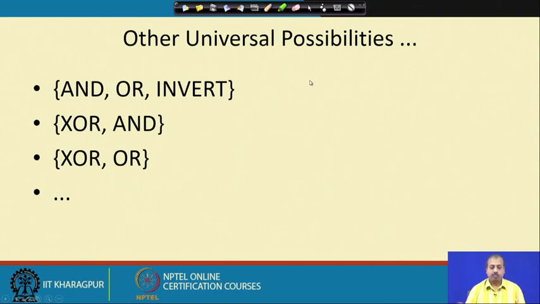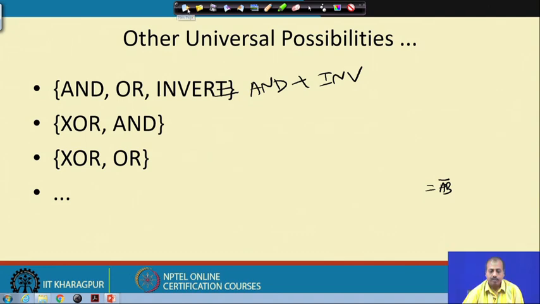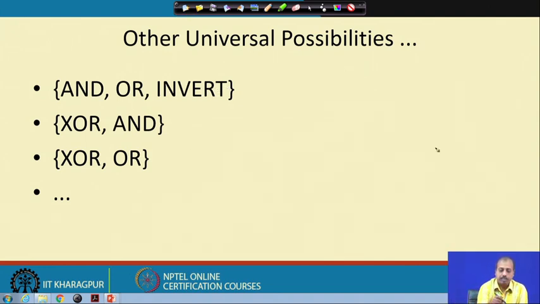Now some other universal gate combinations. Apart from NAND and NOR, we do not have any other gate which alone can act as a universal gate. But if you take a combination, then it may be possible. AND or invert is definitely one possibility, because here it is direct.